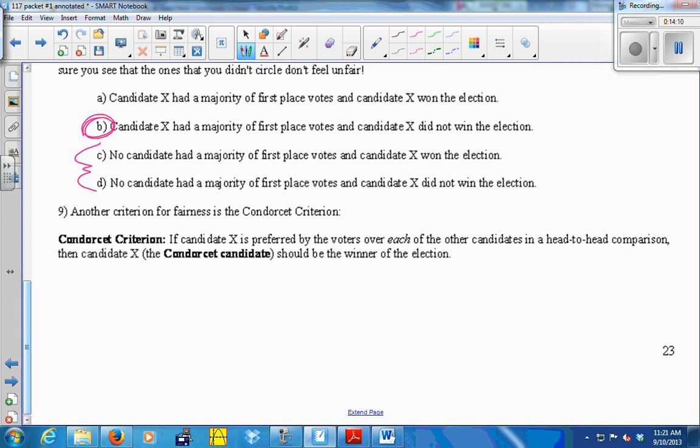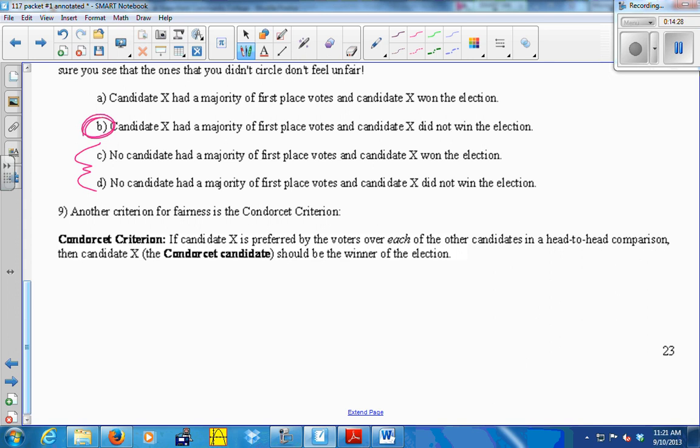All right. So that is the first and most basic fairness criterion. It's called the majority criterion, but there are others. There are other ways that we measure the fairness of an election. And the next one is called the Condorcet criterion. Condorcet is a French mathematician who came up with this fairness criterion.